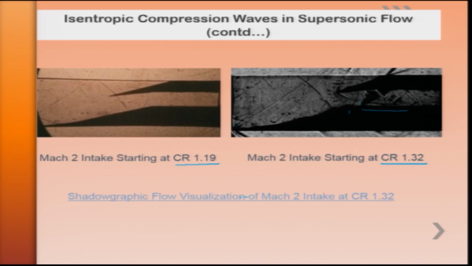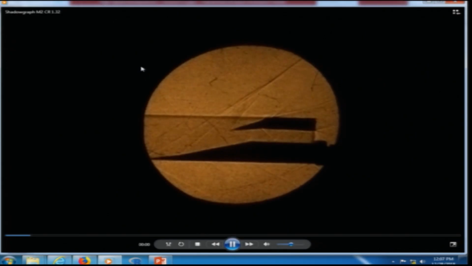In the video here, we can see that when you start the intake, when the flow was not present, no shock was formed. However, once we start the intake, many shocks are present here because of the surface geometry changes.